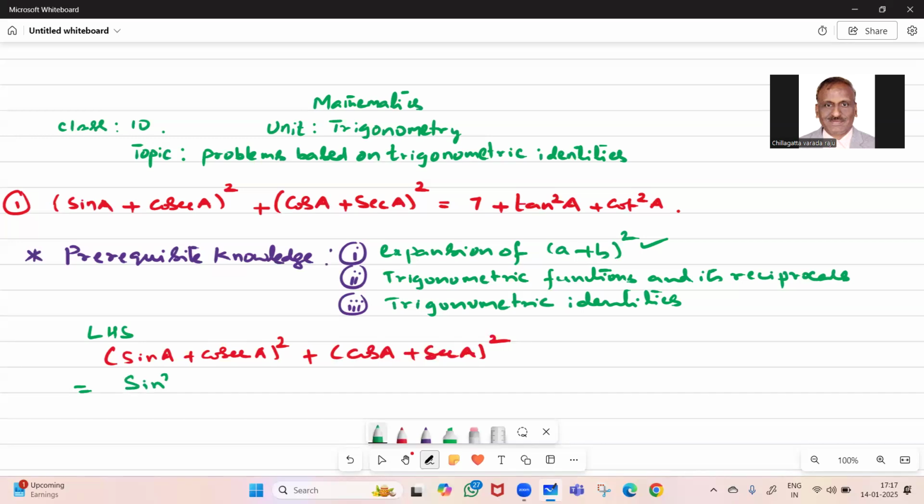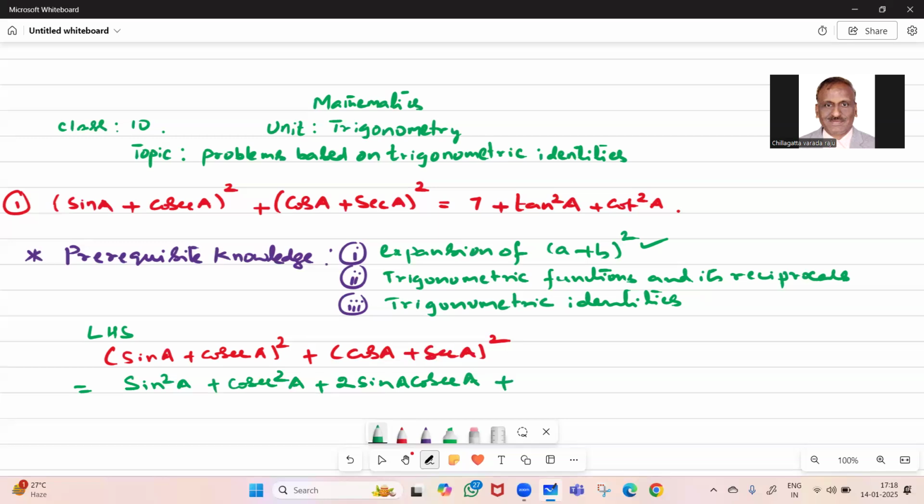Sin square A. What is B square? Cosecant square A. Plus 2AB, 2 into sin A into cosecant A. So here A represents sin A and B represents cosecant A. So (sin A + cosecant A) whole square is nothing but sin square A + cosecant square A + 2 sin A cosecant A. That is A square + B square + 2AB.